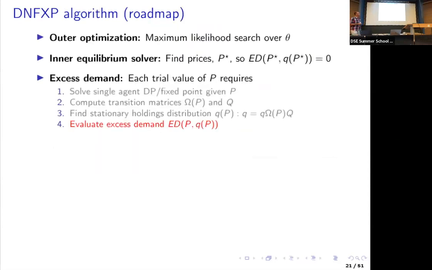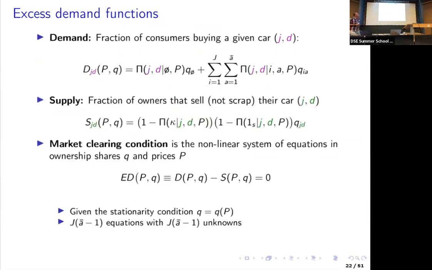All right, so what's demand? This is the demand for cars of type J of HD at a particular price given the ownership distribution. This is calculated by essentially just mechanically combining demand for this particular car JD from people who own the cars of type IHA, with the corresponding fraction of the population.